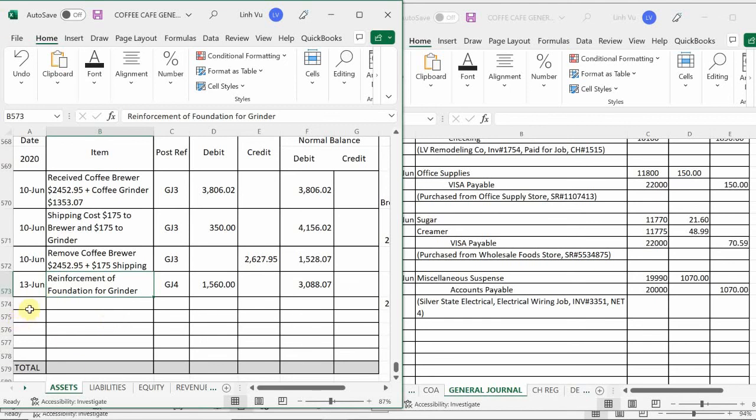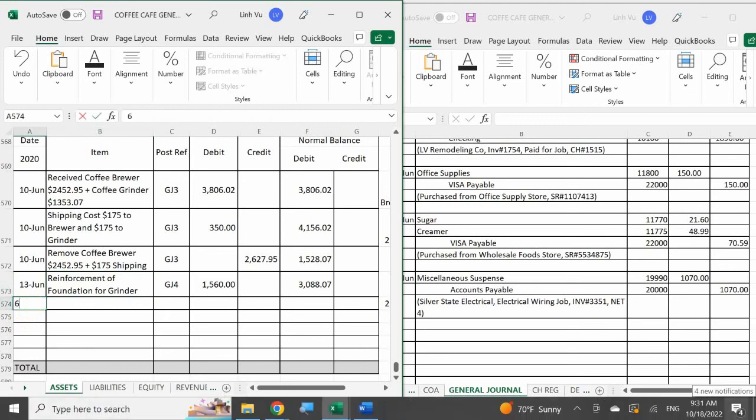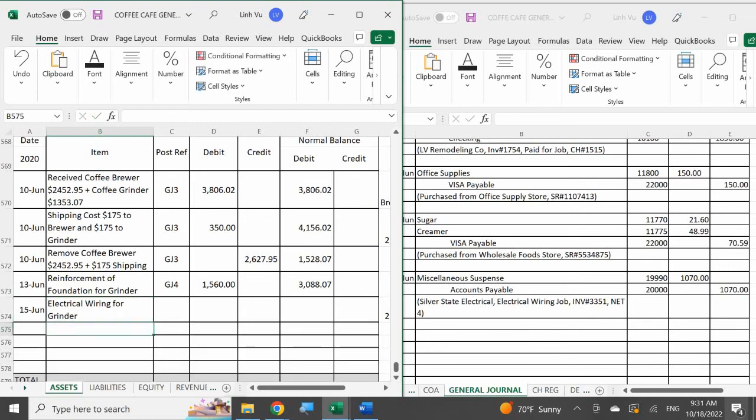Okay. So first I'm going to add in the electrical wiring. We're still on our 5th page here. And how much was the electrical wiring? 1,070.